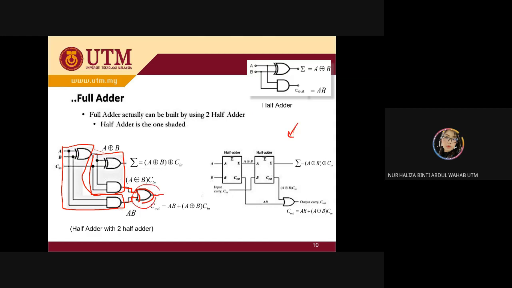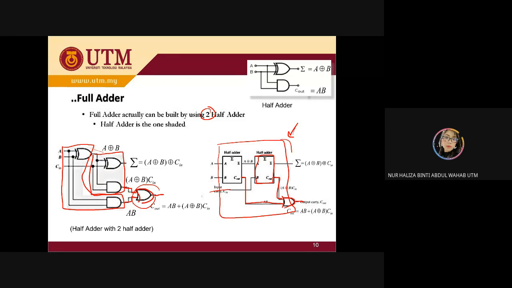So this is in terms of block diagram. You have the half adder, and the output will be added to the OR gate, and the output for your half adder, another half adder because there are two, right? So you're going to add to the OR. The input, this one will be your full adder.